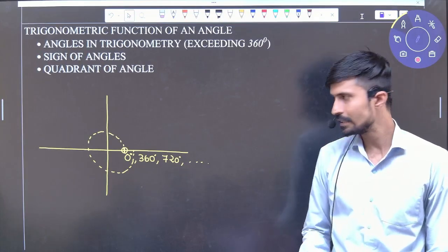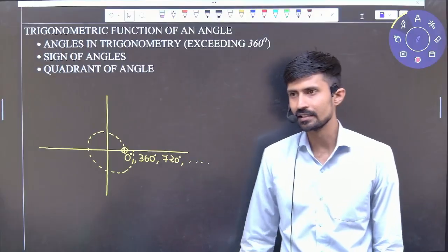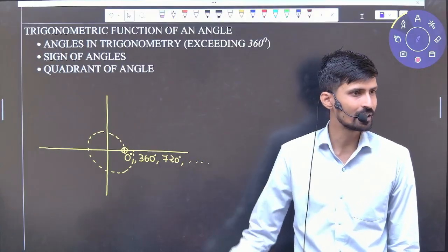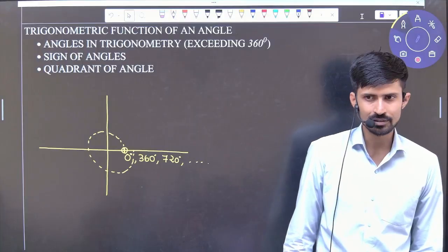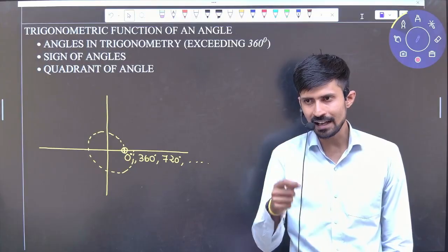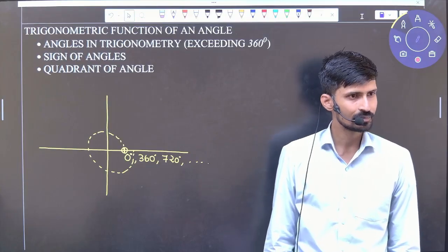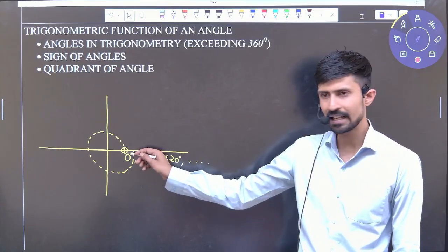So what is sine 0 degree? 0. What is sine 360? 0. Sine 720? 0. All these are 0. Yes or no? It means one position can have multiple angles.